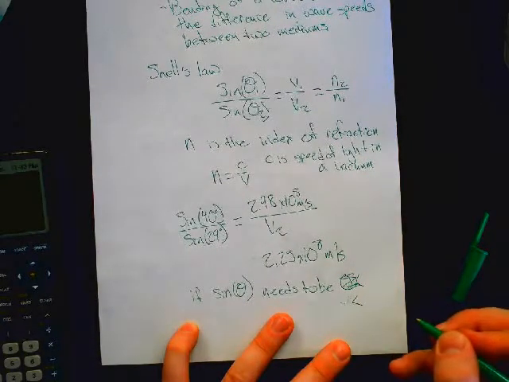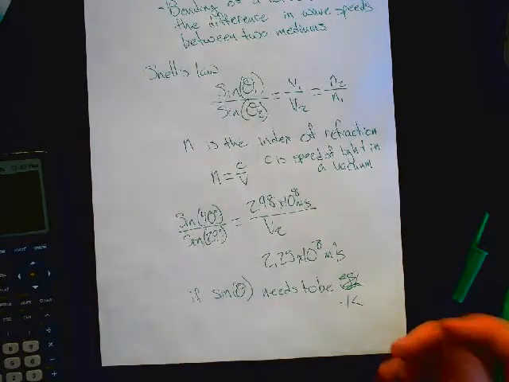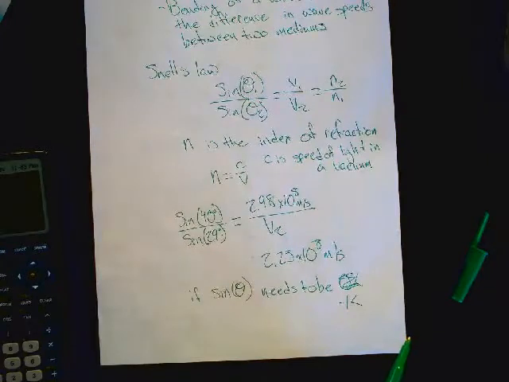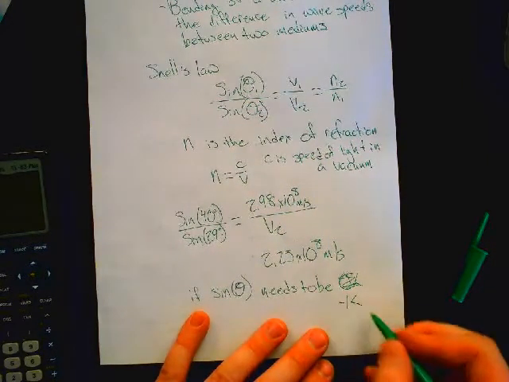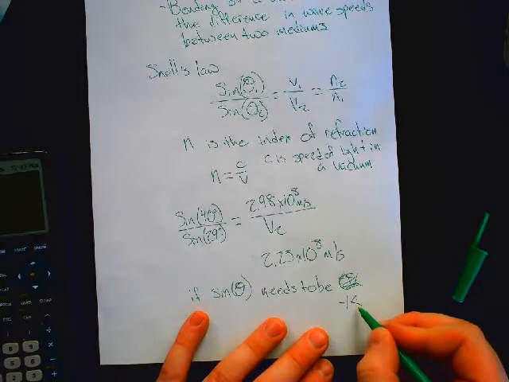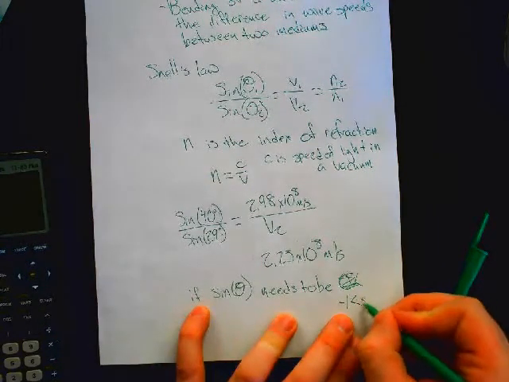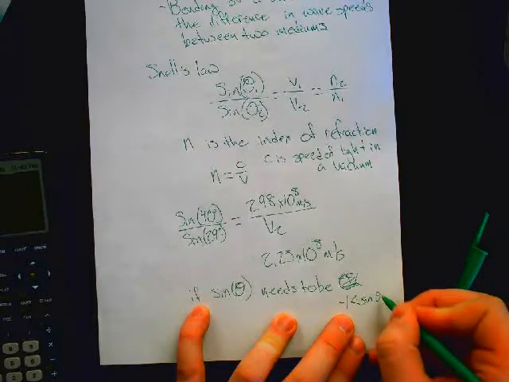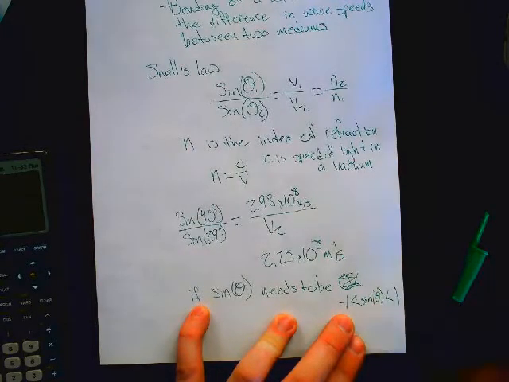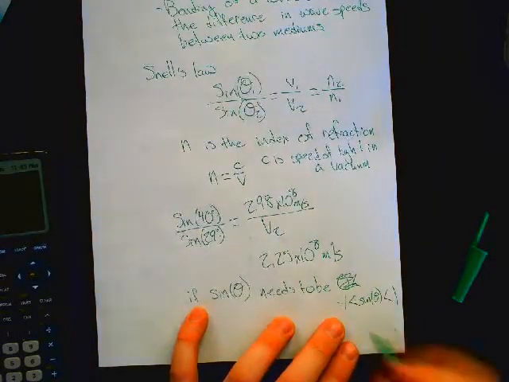Did I put that backwards? So the value for sine theta needs to be between -1 and 1. So I need to face the other way? It's good? So sine theta and then 1. So it needs to be between those two values, and it can be equal to.